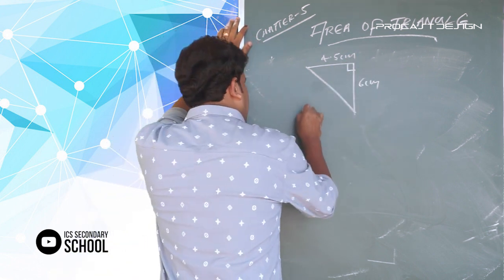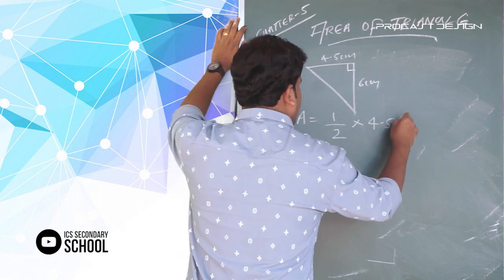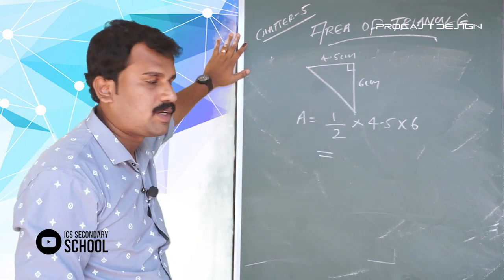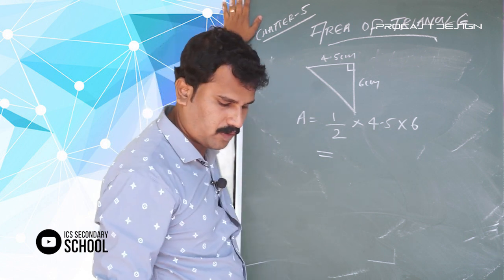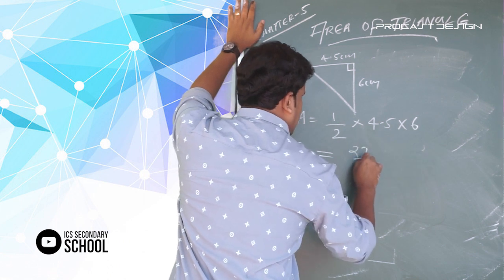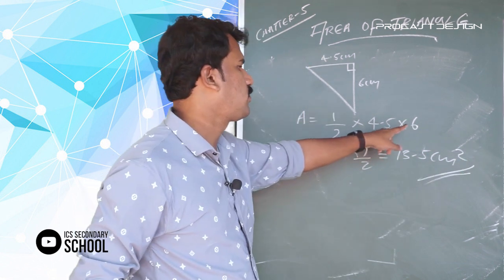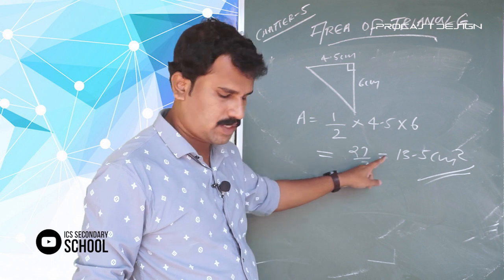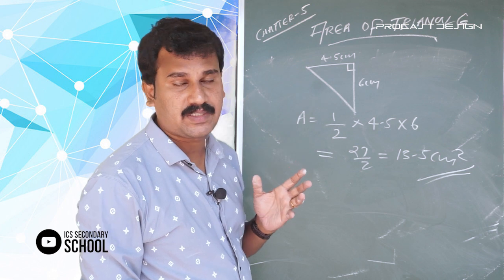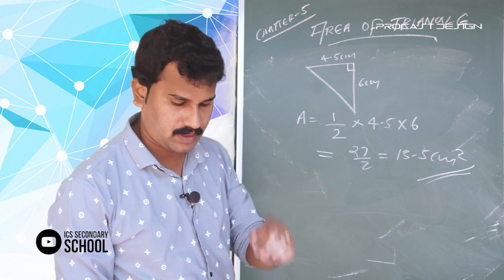Then area of right angle triangle is half into the perpendicular sides, that is half into 4.5 into 6, that is equal to 27 by 2, that is equal to 13.5 centimeter square. So area of right angle triangle means half into the product of the perpendicular sides. Okay, got it? Yes.